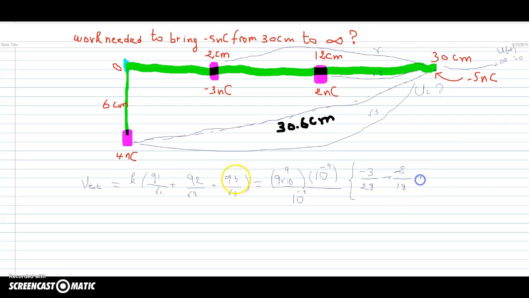And then the contribution of this charge 4, and the distance we have calculated is 30.6. Close. And if you do the math, you are going to find 121.2 volts.